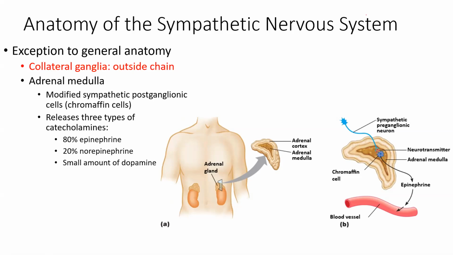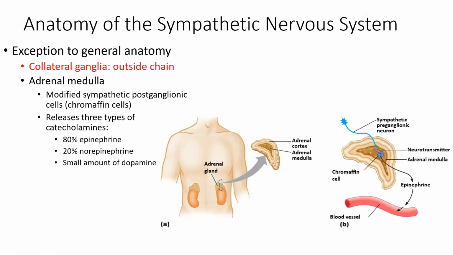Basically we have our preganglionic neuron synapsing onto the adrenal medulla, and the cells located here are called chromaffin cells. Those chromaffin cells will release different types of hormones: epinephrine, norepinephrine, and dopamine. In this way, the chromaffin cells of the adrenal medulla are pretty much acting like postganglionic neurons.